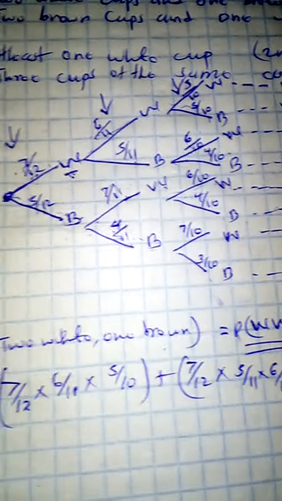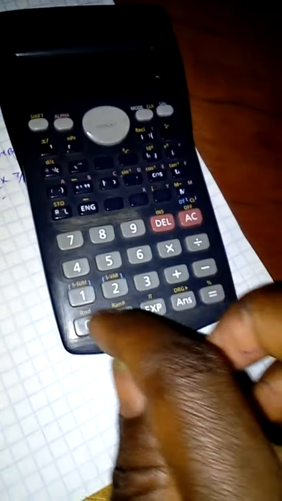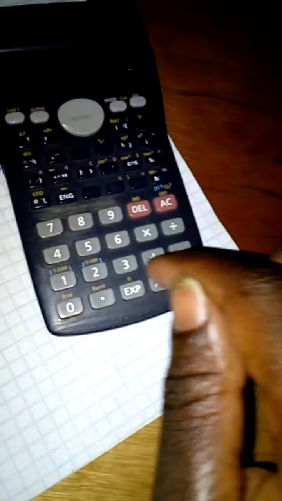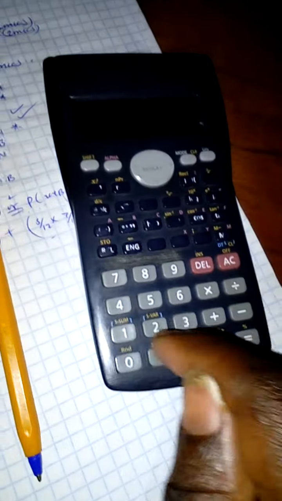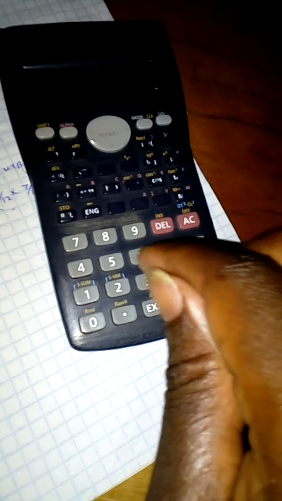What is that? 7 over 44. Here it is 7 over 44 plus 7 over 12 times 5 over 11 times 6 over 10.